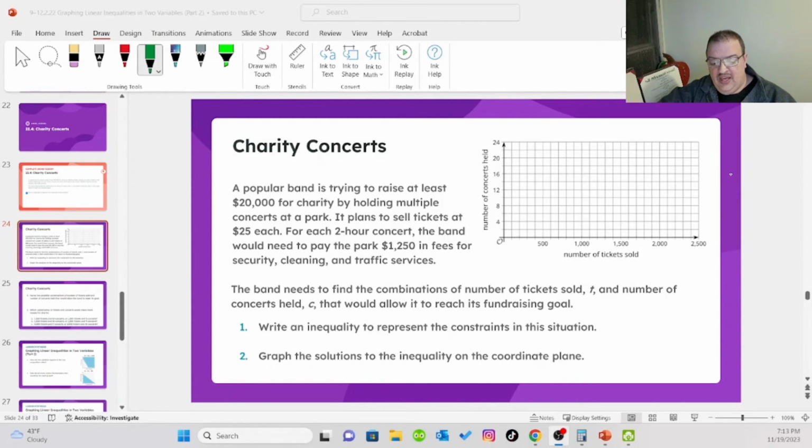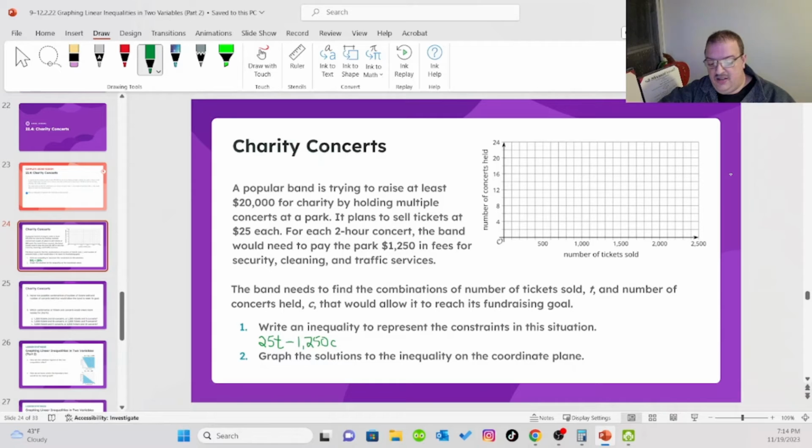So, if we sell tickets at $25 each, then the amount of money we would raise would be 25 times T. But we have expenses. So we need to subtract $1,250 per concert.